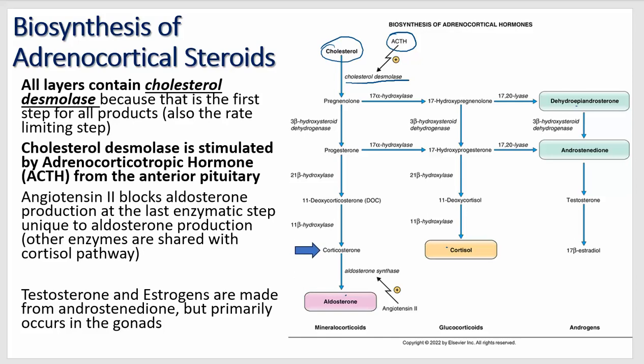If you want to make cortisol, which is usually what we think about, adrenocorticotropic hormone is the stimulator of cortisol production. The thing that it does is it starts this first step. Now we can look at the other enzymes that are involved.